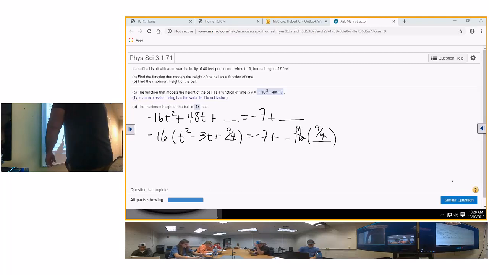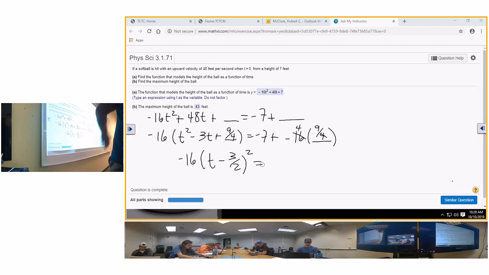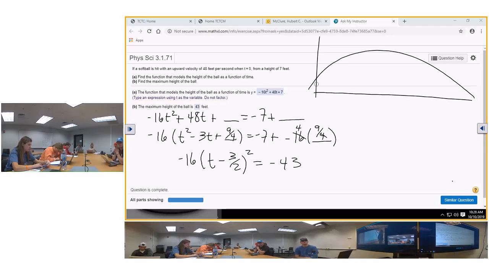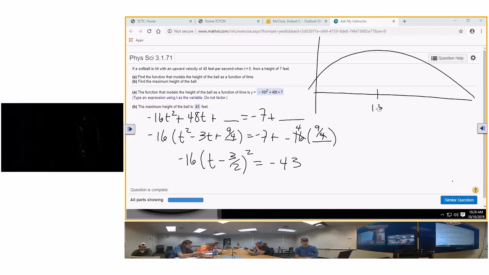So that's going to be negative 16 t minus 3 halves, quantity squared. What is negative 7 minus 36? 43. All right, so now our vertex is what? 1.5, and what? So 1.5, 1.5 seconds be right there, I guess. At 1.5 seconds, you're at 43 what? Feet.